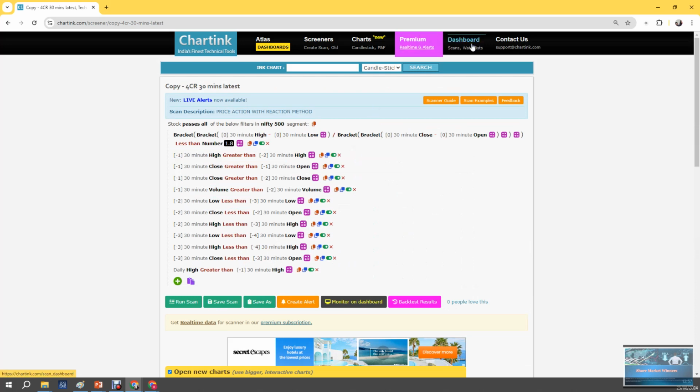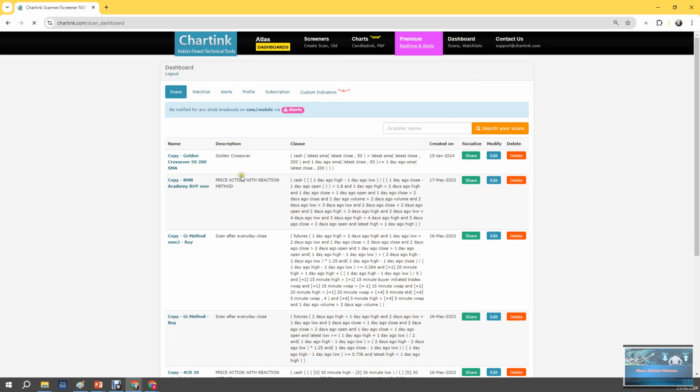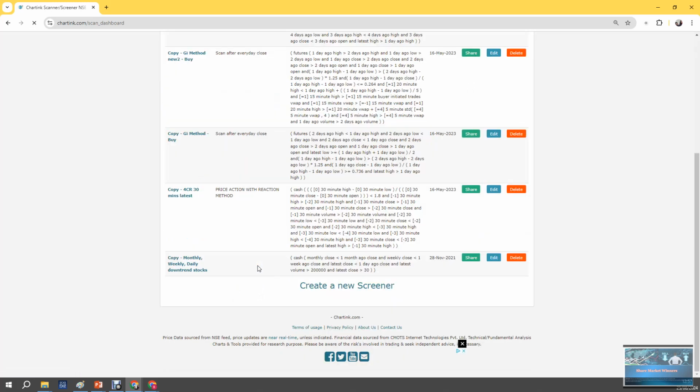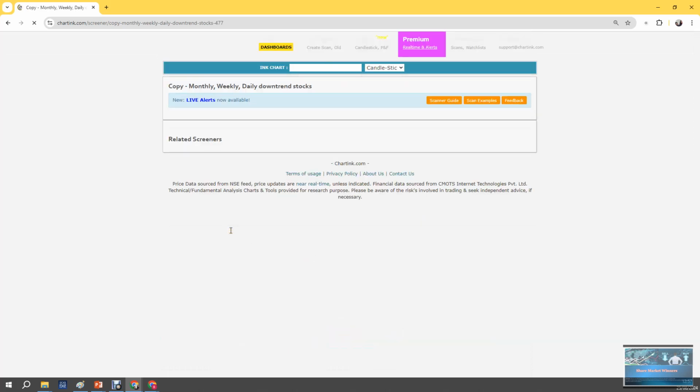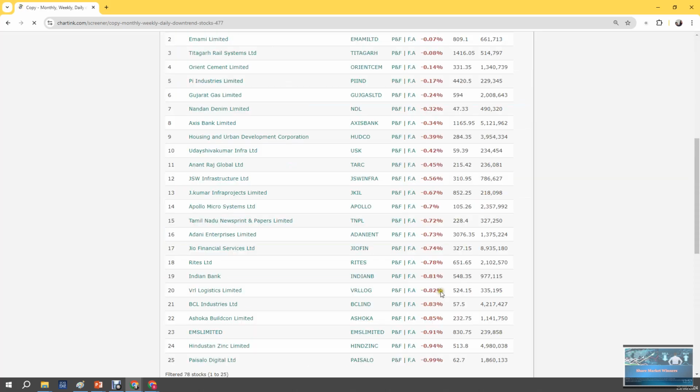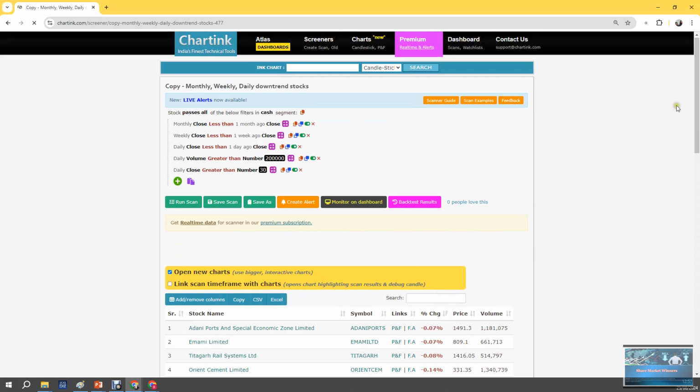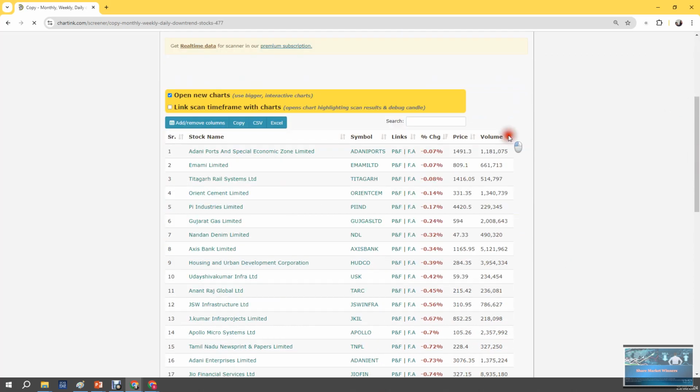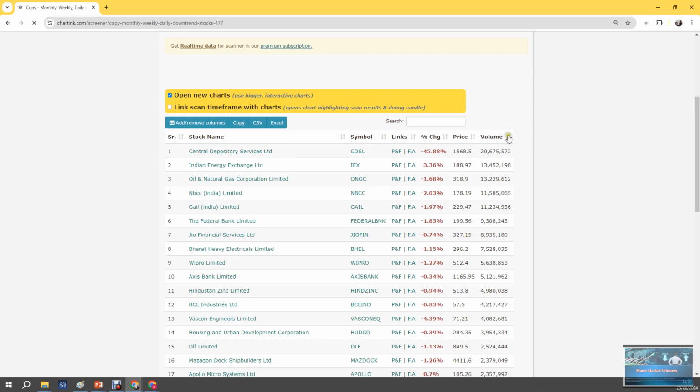Likewise, you can customize some of the screening methods for you to use. This is another one, monthly, weekly, daily downtrend. That will again give a list of stocks, and then from there you can sort it based on volume, which stock is gaining more volume.